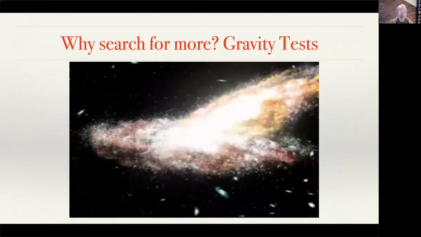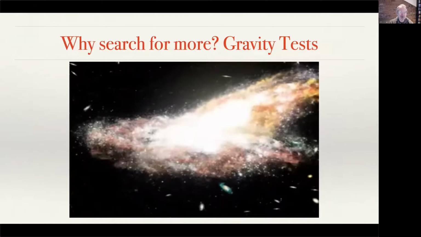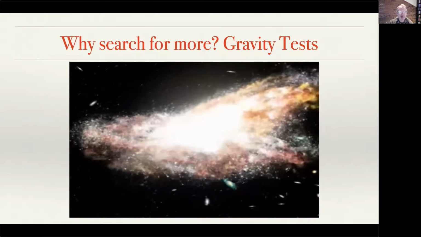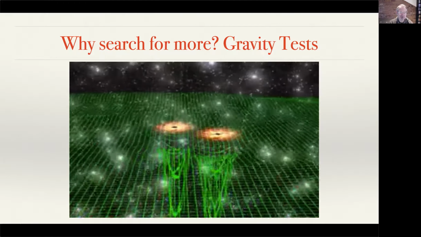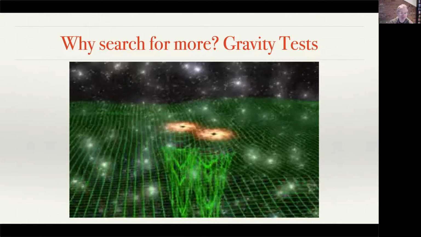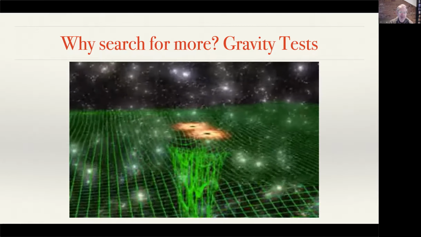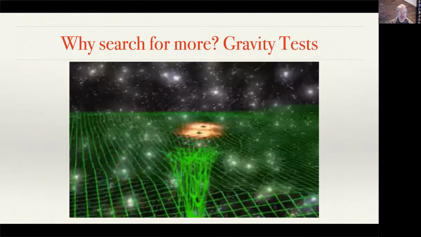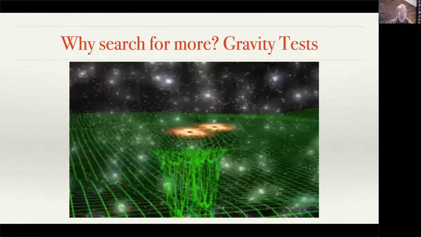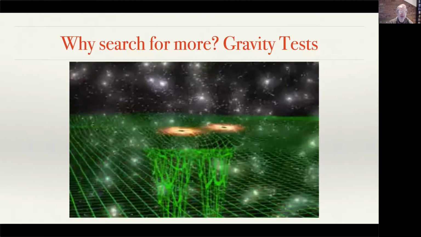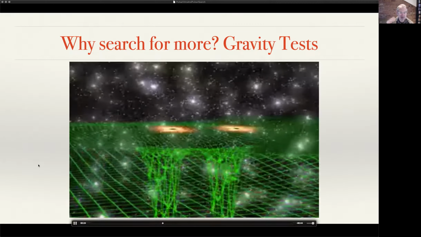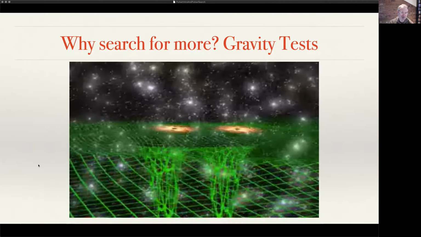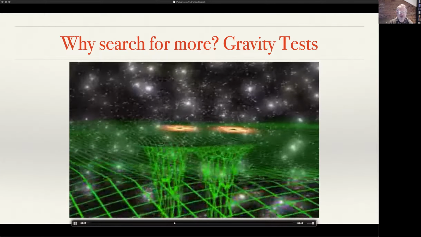And here is a little video that shows an example of what we might think is going on in these systems. Two galaxies are merging together. We believe that the vast majority of galaxies have supermassive black holes at their center. As the galaxies merge, the green lines here represent space-time.